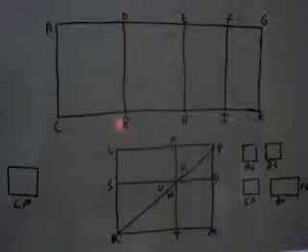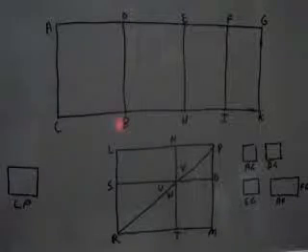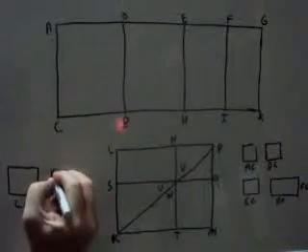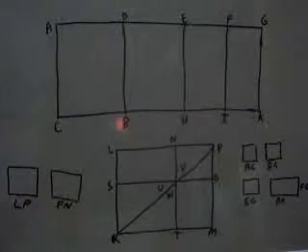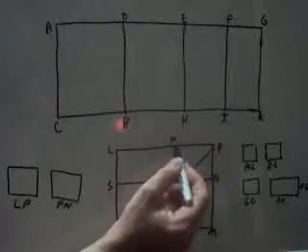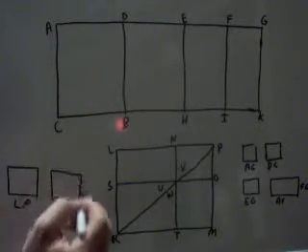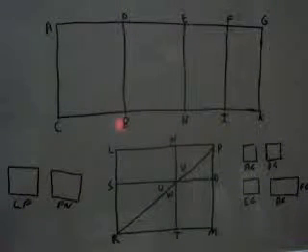Now, what about square PN? Where do we get that from? Well, here's PN right here. We're going to take this length, turn it into a square, and all four sides of that square are going to be the length of PN. That's where that comes from.